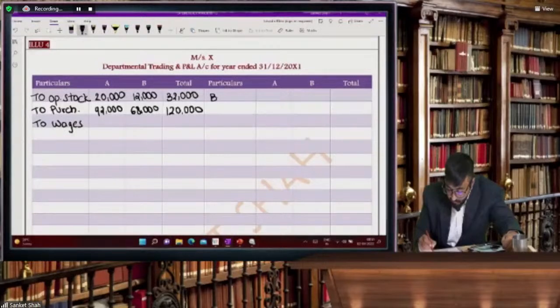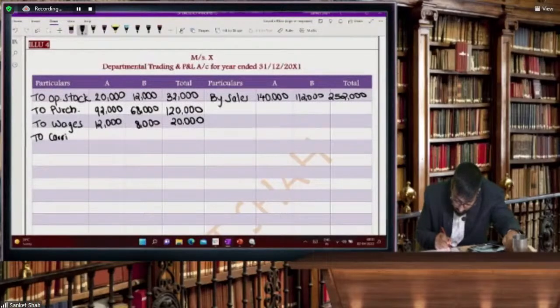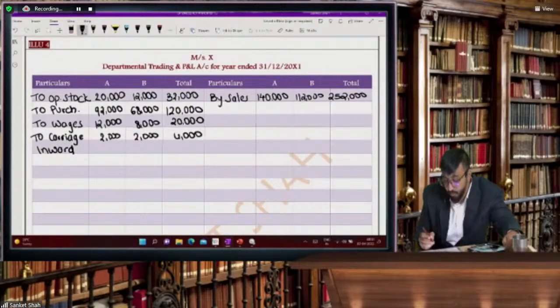Sales: 1,40,000, 1,12,000, 2,52,000. Next, wages: 12,000, 8,000, 20,000. Next, carriage inward: 2,000, 2,000, 4,000.